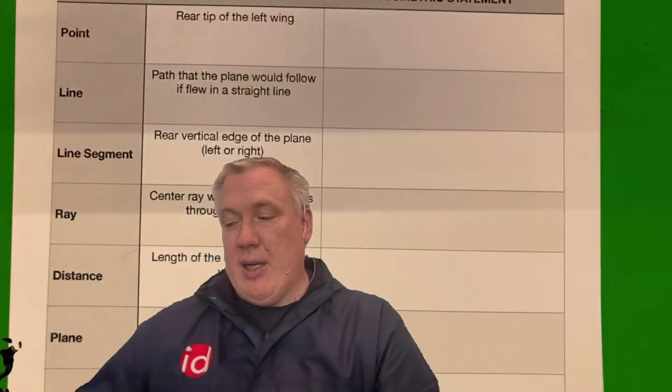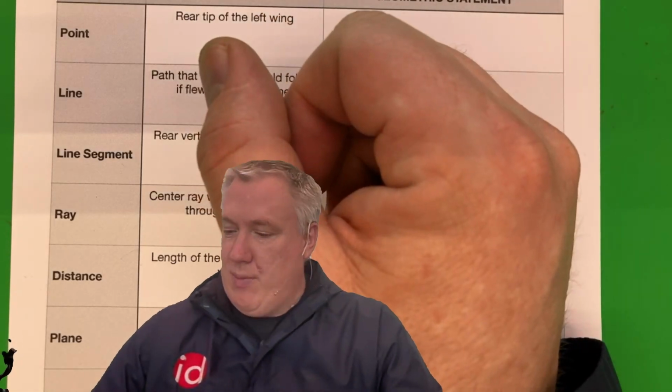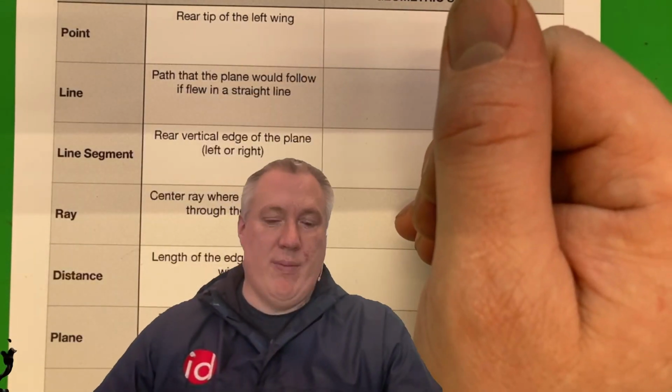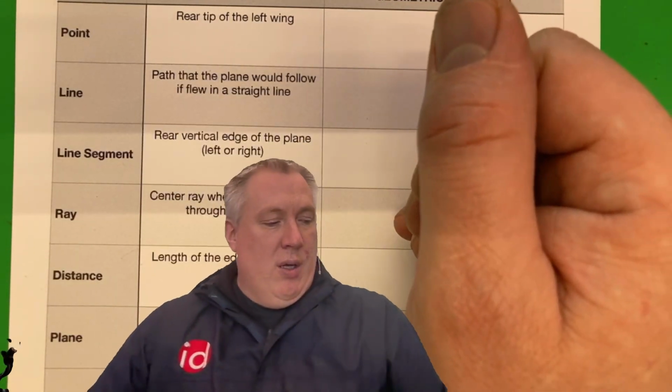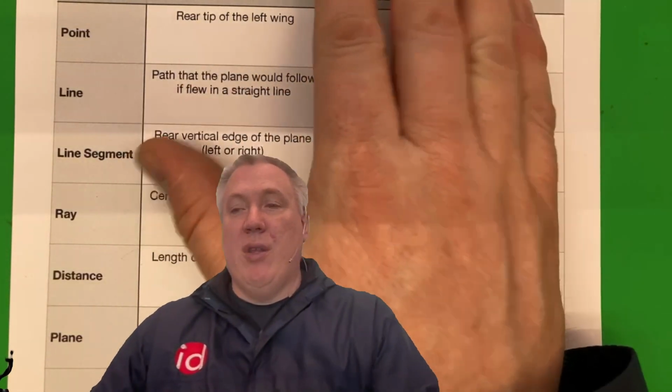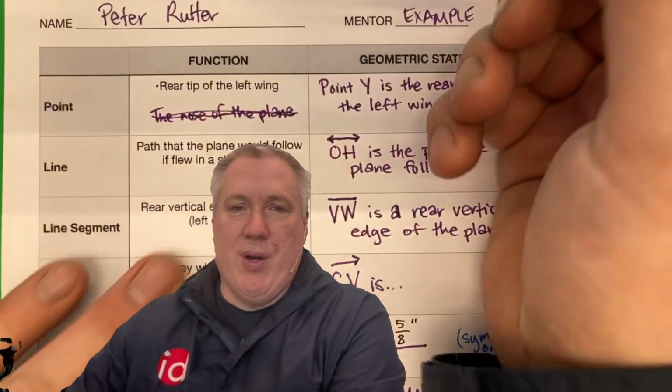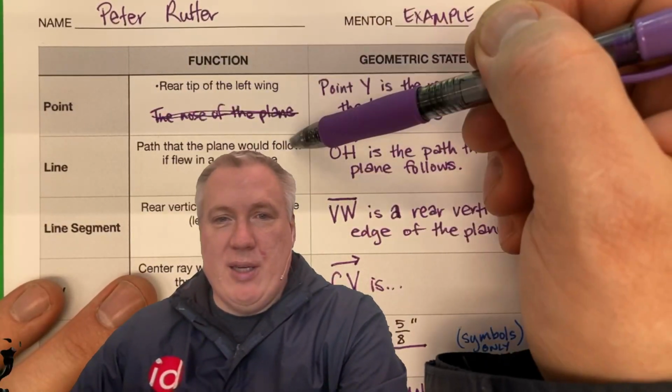For exceeding, instead of using my examples, you come up with your own example of a point, your own example of a line, your own example of a line segment, your own example of a ray, okay? And if you do the exceeding, what I want you to do here, so this is from first period, I wrote down the nose of the plane as an exceeding example.